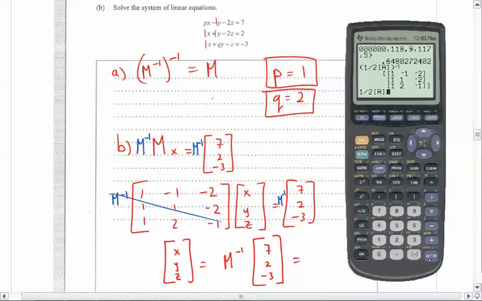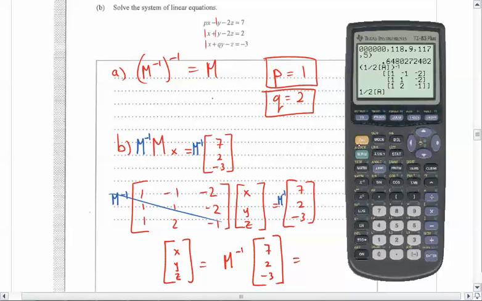Okay, that's given in the question. And let's see, I guess I need to make another matrix. So back to my matrices. I'll edit B and make it a 3/1 matrix, 7 and negative 3.